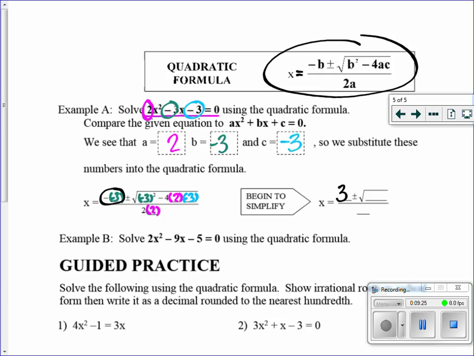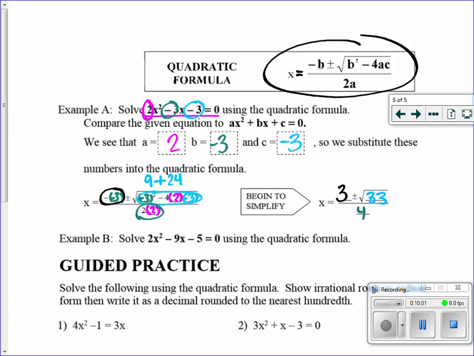If you would like to, you are perfectly fine putting that into your calculator, or you can do it by hand. -3 squared would be 9, minus 4 times 2 times -3. So that's 8 times -3, which is -24. So 9 minus -24 makes it a +24, so underneath that radical is 33. And in the denominator, 2 times 2, 4.